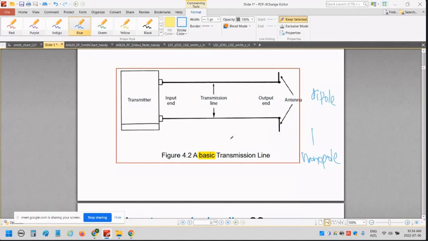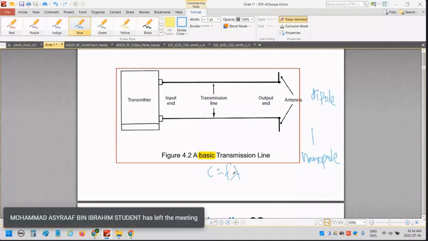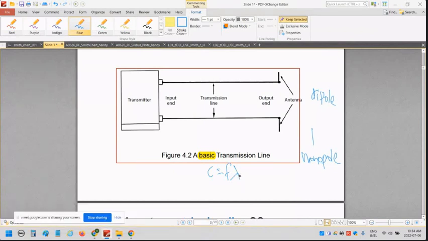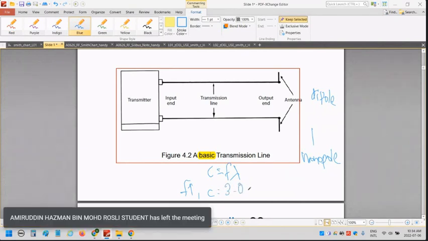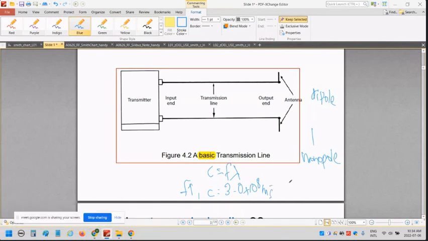If you want to learn about the length of the antenna, it is referred to as lambda. C is the speed of light, f is the operating frequency, and lambda is the length of the antenna. For 5G, the frequency is very high. C is a fixed value, 3.0 times 10 to the power of 8 meters per second.